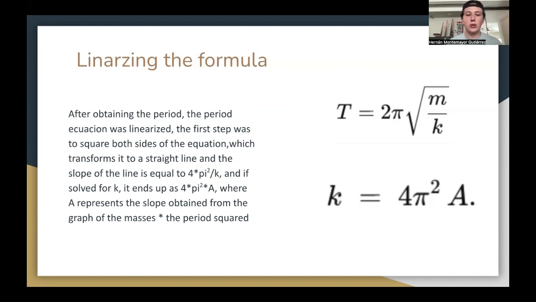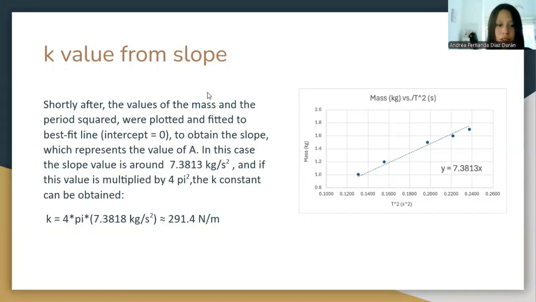The slope is equal to 4 pi squared divided by k, and if we solve for k, it ends up at k equals 4 times pi squared divided by a, where a is represented by the slope obtained from the graph of the masses versus the period squared. And then we finally get the k value from the slope itself.